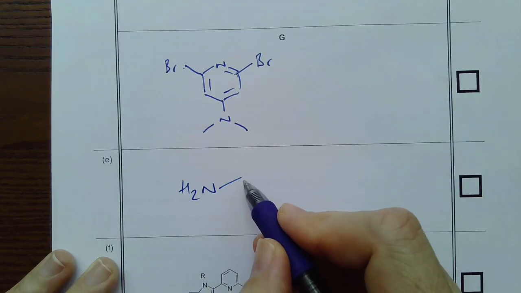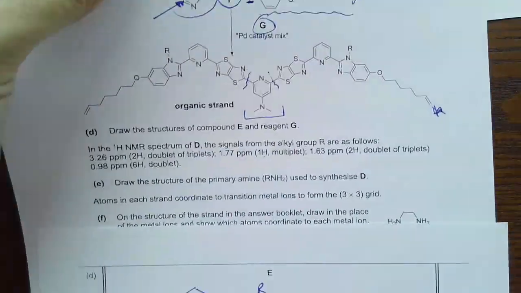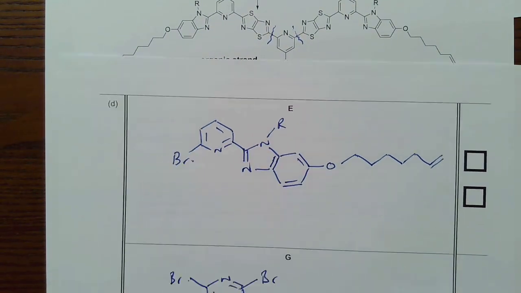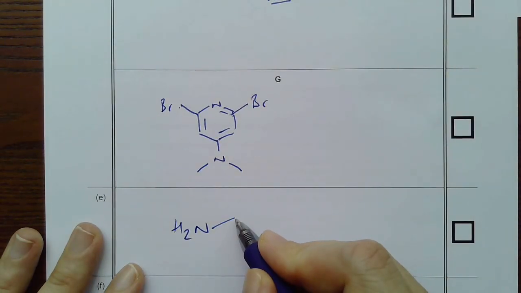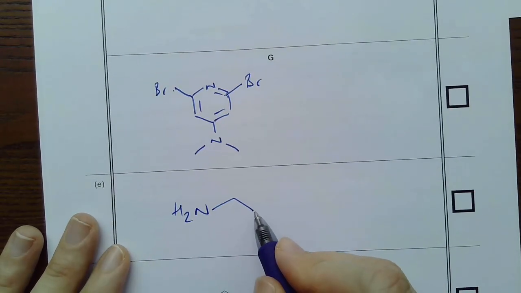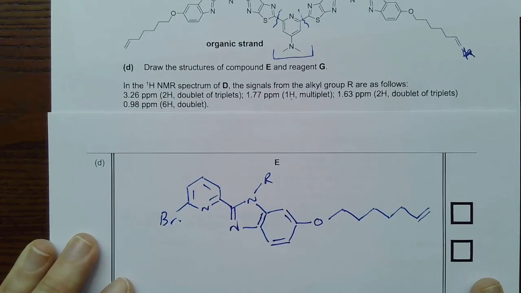All right, and I'm told that I've got a doublet of triplets, 2 hydrogens and a doublet of triplets, which makes me think. Let's have a look. What's the easiest one to do here?